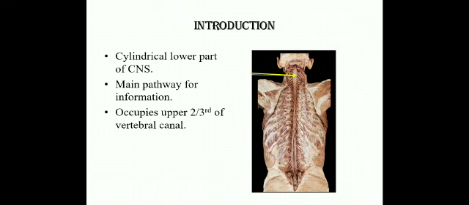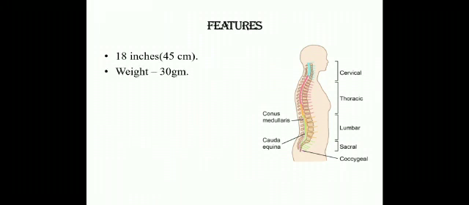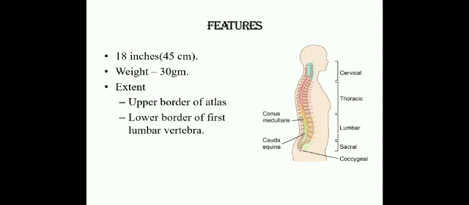It occupies the upper two-thirds of the vertebral canal and it is enclosed in 3 meninges. It gives rise to 31 pairs of the spinal nerves. So, it measures about 18 inches, that is 45 centimeter in adult male and 42 centimeter in adult female, weighs about 30 gram and it extends from the upper border of the atlas to the lower border of the first lumbar vertebra.